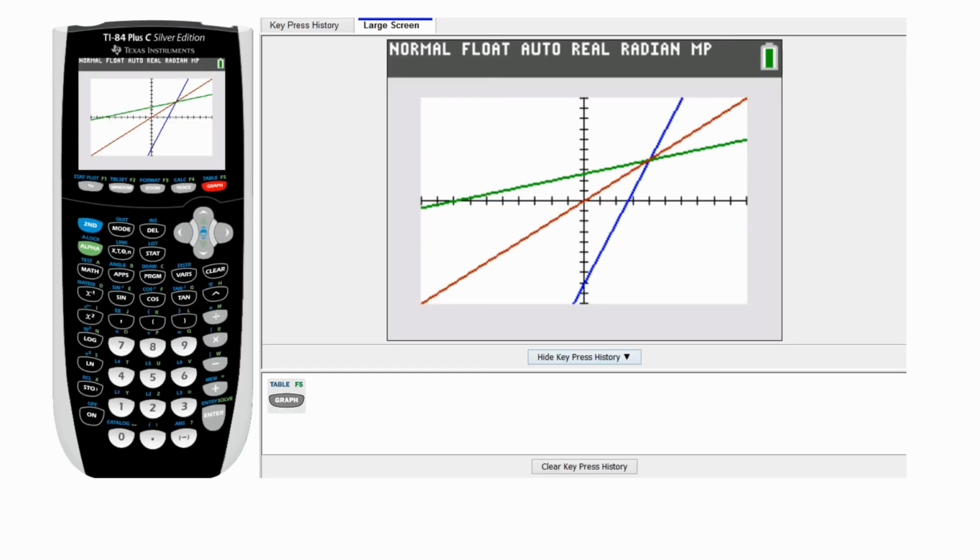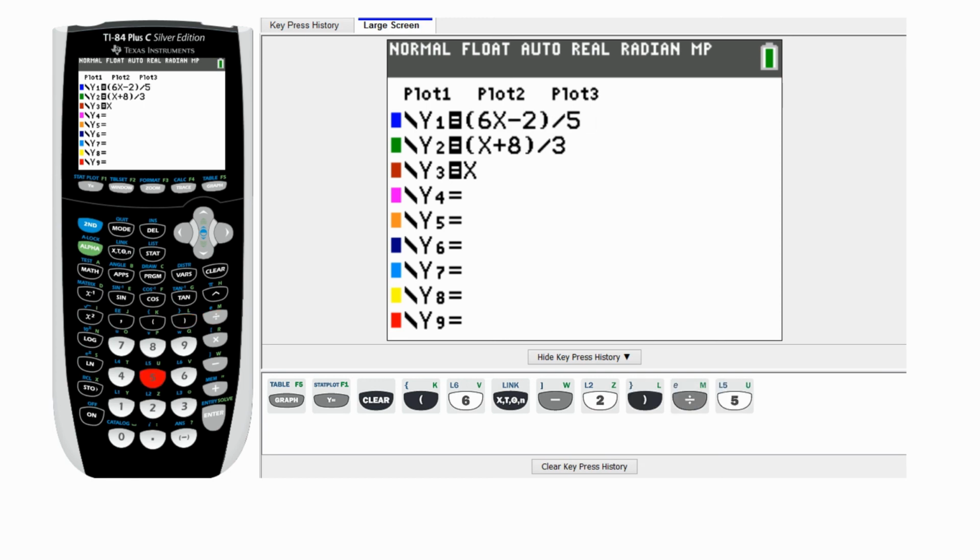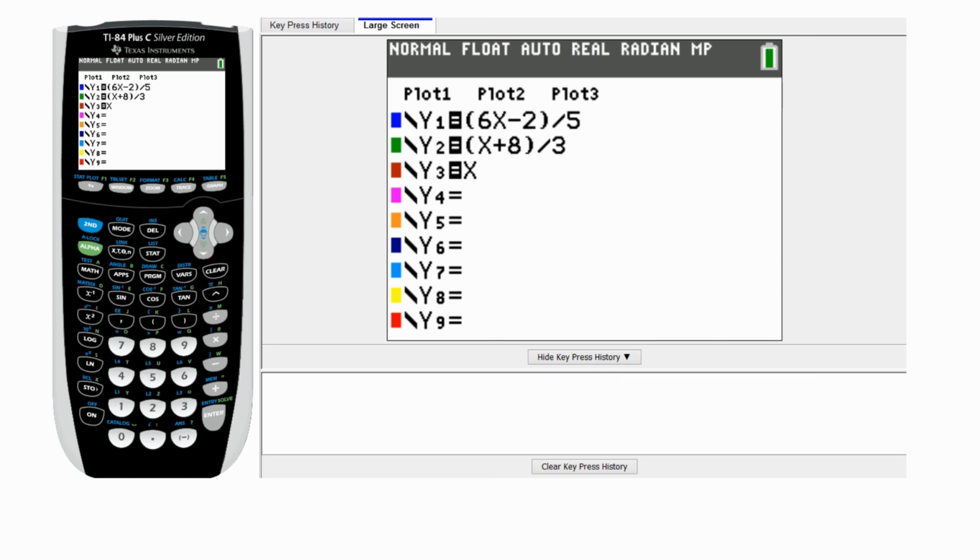Using my calculator to graph the function, press y equals, then clear to get rid of the equation, and I type parenthesis 6x minus 2 close parenthesis divided by 5, arrow down, so I can adjust this function by arrowing over to my x. I want to type a number in front of x, so I press second delete, which is my insert.